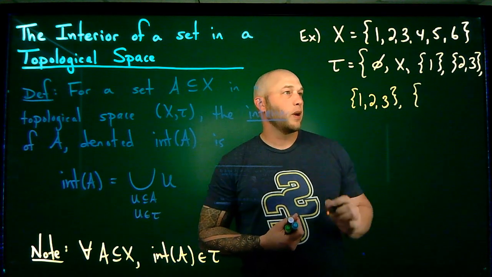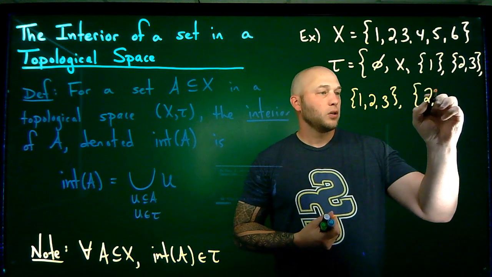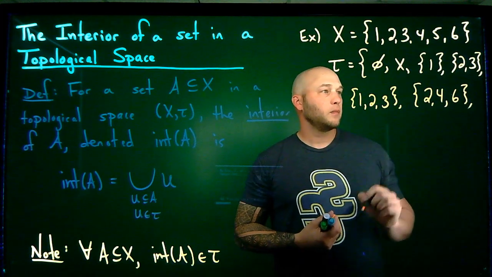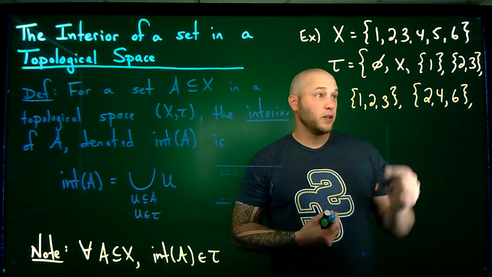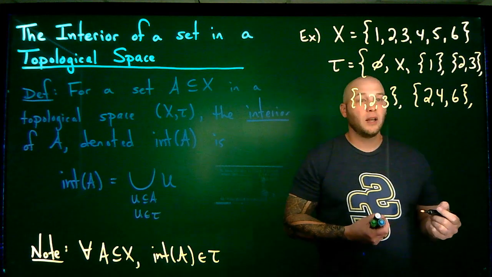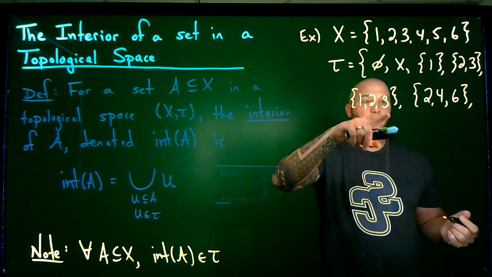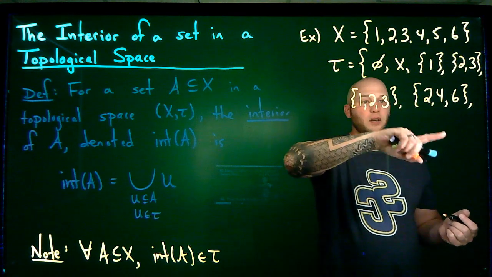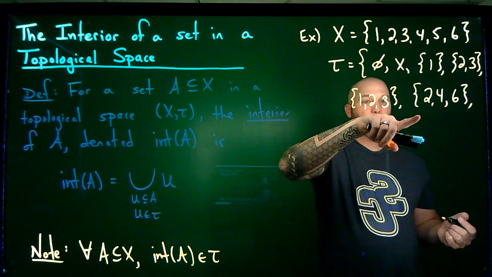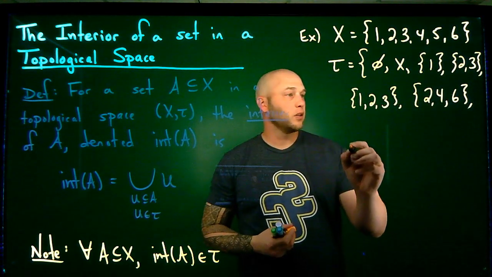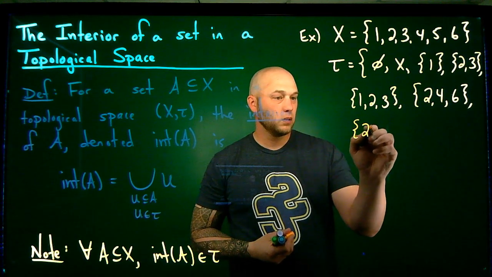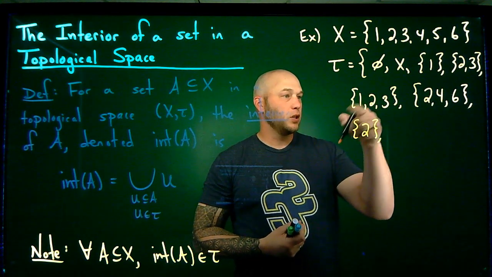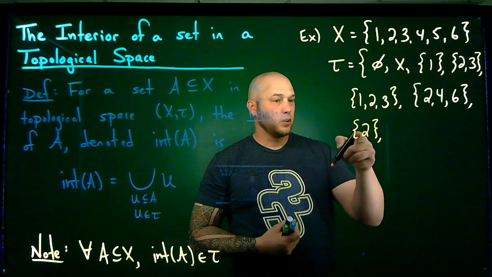Let's say we've also got the set 2, 4, 6. Then I also have to have the union and the intersection with everything else. Intersection with the empty set is empty. Intersection with X is 2, 4, 6. Intersection with 1 is empty. Intersection with 1, 2, 3 would be the singleton 2, and intersection with 2, 3 would be the singleton 2.